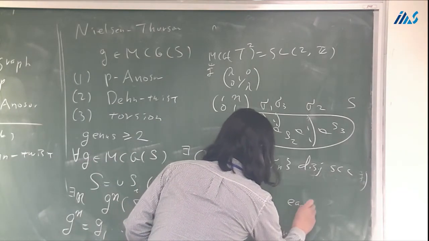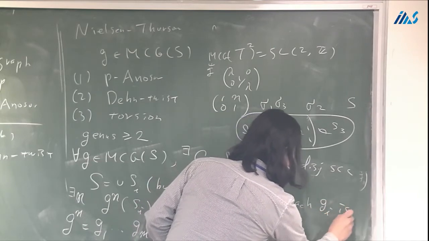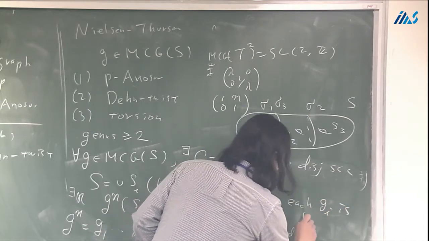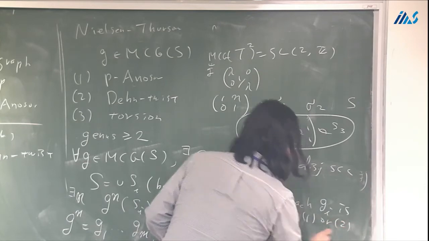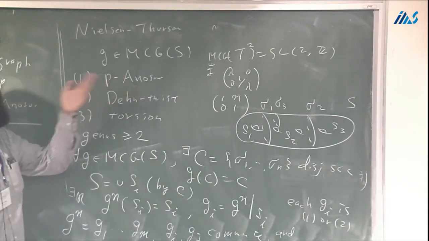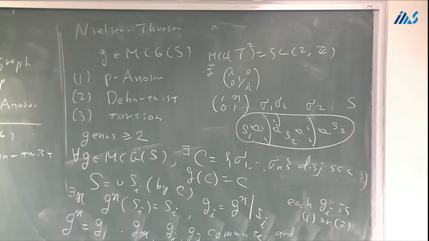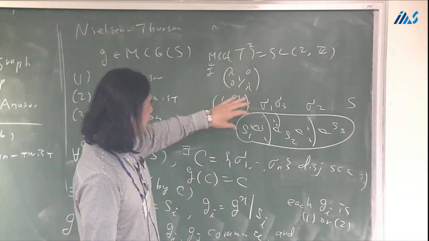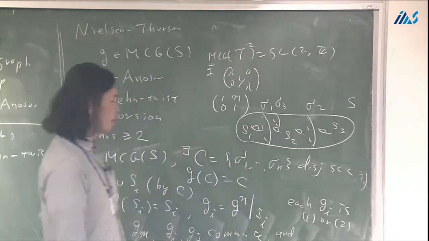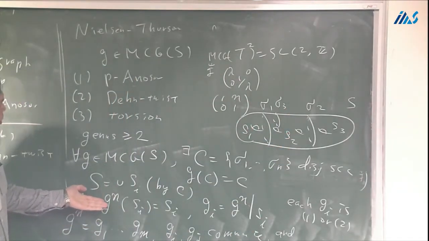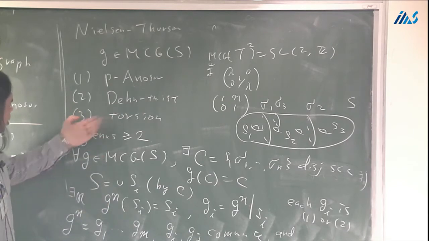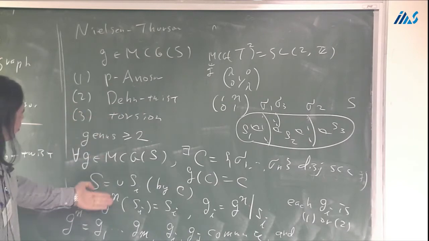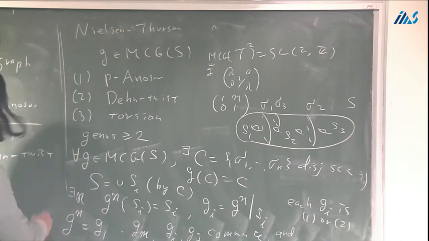And each G_i is either pseudo-Anosov or a power of a Dehn twist. So that's the general picture. Each piece is one of them, but you have to divide it into pieces. And I take a power because maybe it's a torsion. If it's torsion, G to the n is just the identity. Okay. So this is a description of each element.